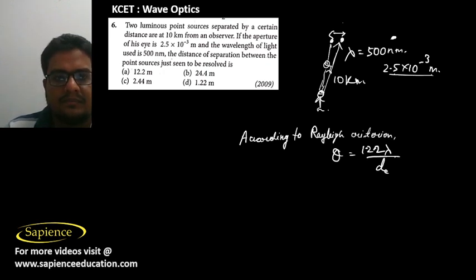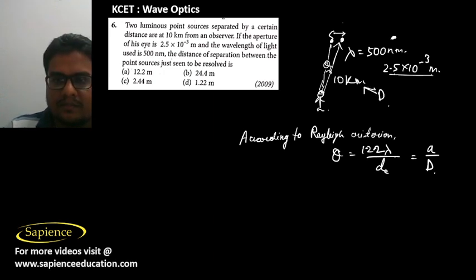And this theta should be equal to A by D, where D is the distance of these two point sources from the eye of the observer.